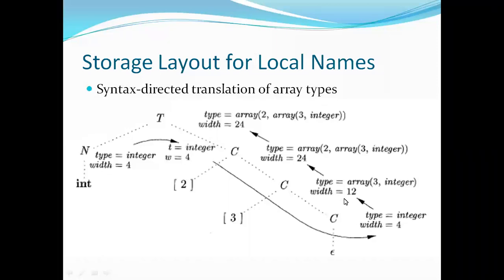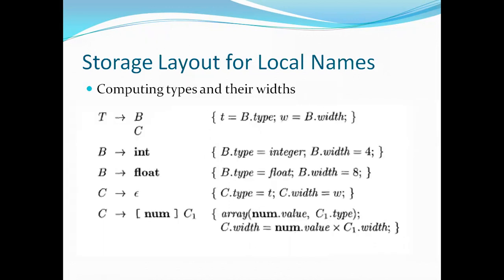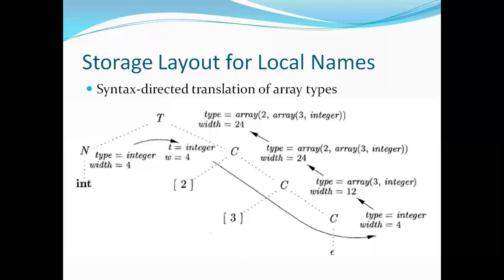That means here we compute the values from the child nodes, from this C to this C, and this C to this C, and finally to the root node of the tree, that is T, where T is the starting node of the given grammar. This is the representation of an annotated parse tree for the syntax directed translation scheme we performed in the previous slide.